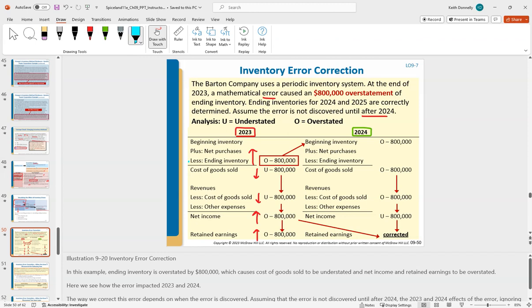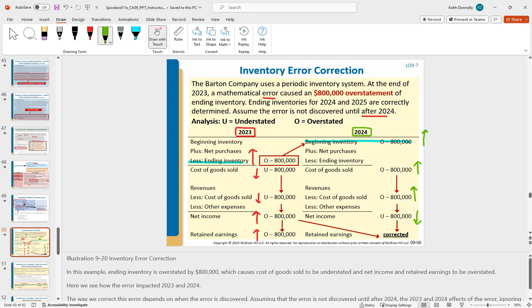But check it out: last year's ending is this year's beginning, right? So last year, this was overstated. We're just carrying that up arrow over here. It's too big. Well, for 2024, if beginning inventory was too big, cost of goods sold is going to be too big. If cost of goods sold is too big, net income is going to be too small, right?